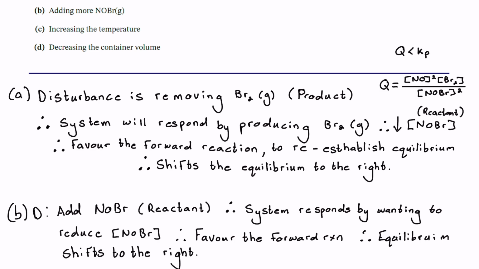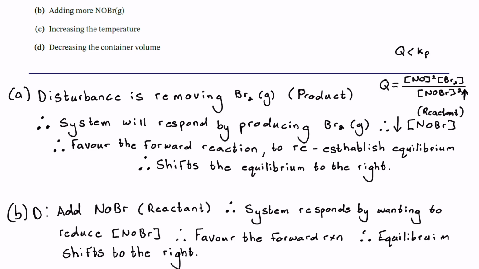You can also see it again in the reaction quotient. If you increase the concentration of NOBr in the reaction quotient, so let's start again here. At equilibrium, Q is equal to Kp. If you increase the concentration of NOBr, that means you've increased the denominator. That means Q's value will decrease, making it less than Kp.